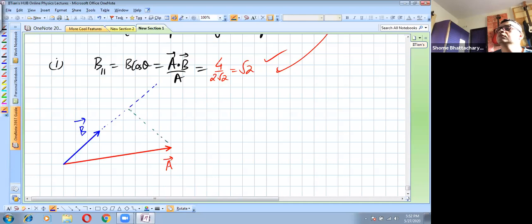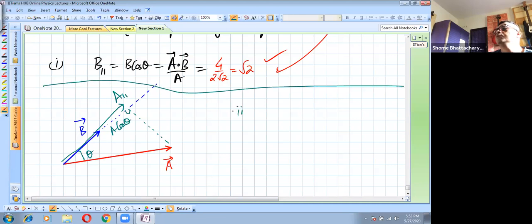This quantity here will become A's parallel component, or in other words, A cos theta. This is the second part: I want to find A's component parallel to B. So that is A cos theta, which is just A dot B divided by mod B instead of mod A. A dot B was 4 and mod B we saw was root 3. That's the answer.